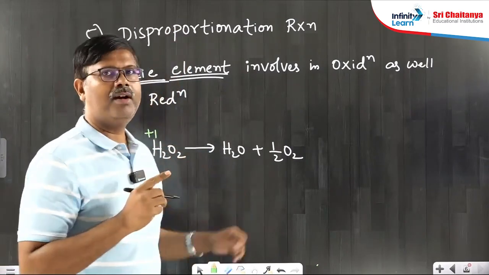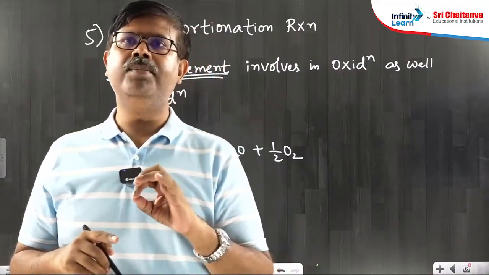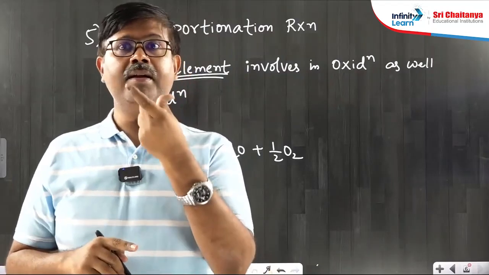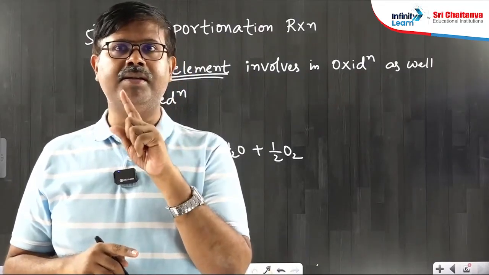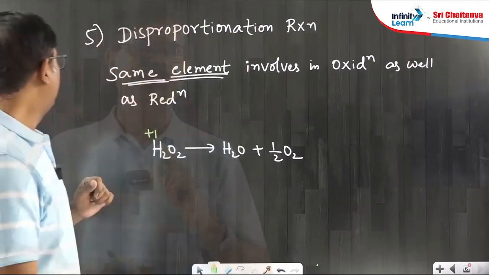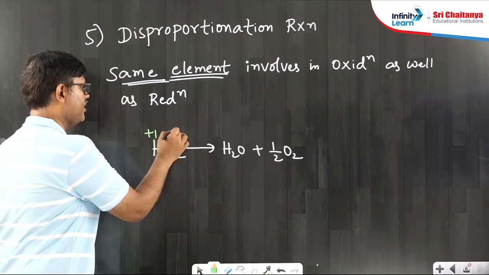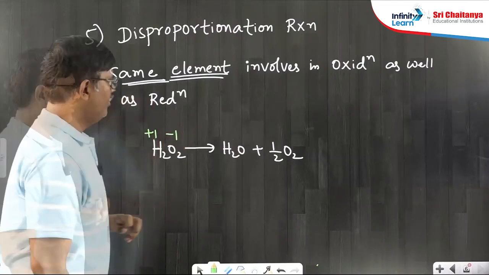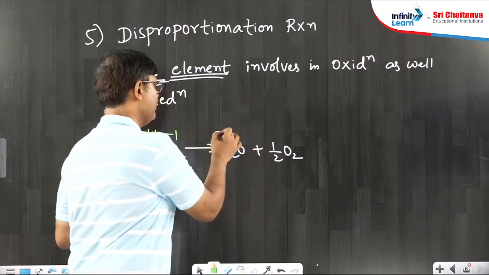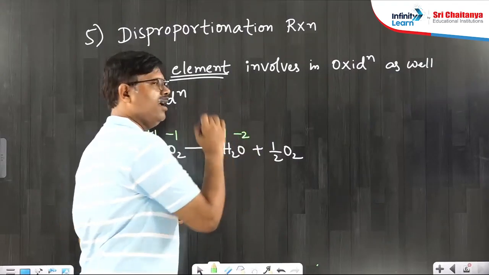H2O is water. H2O2 is called hydrogen peroxide. The name itself is hydrogen peroxide, and for peroxy oxygens, as already mentioned, you should take the oxidation state as -1. So here it is a peroxide and the oxygen oxidation state is -1. Normal water, H2O, means water only, and water has hydrogen +1 and oxygen, normally what we take, that only you take, -2.